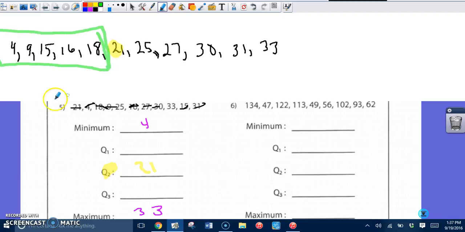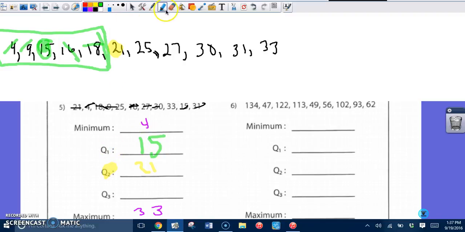And then all you have to do is find the median of this set of numbers. So goodbye, goodbye, goodbye, goodbye. Smack in the middle is 15. So how do I know it's 15? Check to be sure you have the same amount crossed off on both sides. I have 2 crossed off on this side, I have 2 crossed off on that side, leaving 15 in the middle. So I know that my quartile 1 is 15.